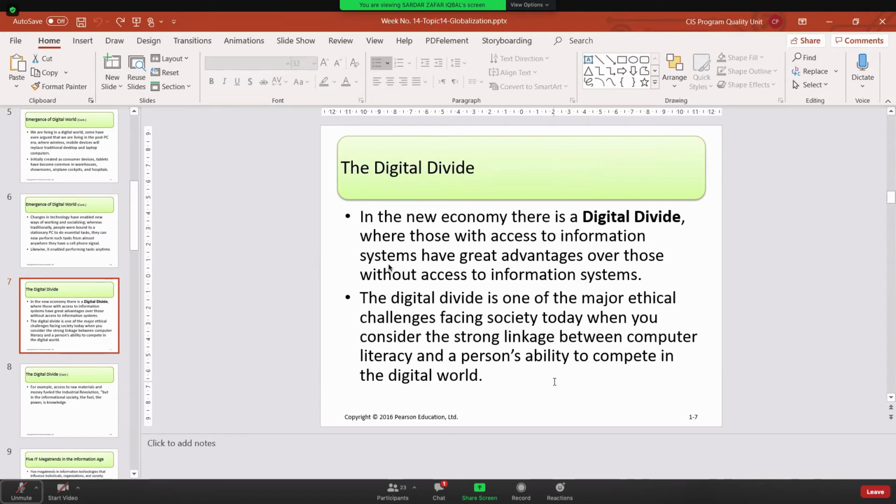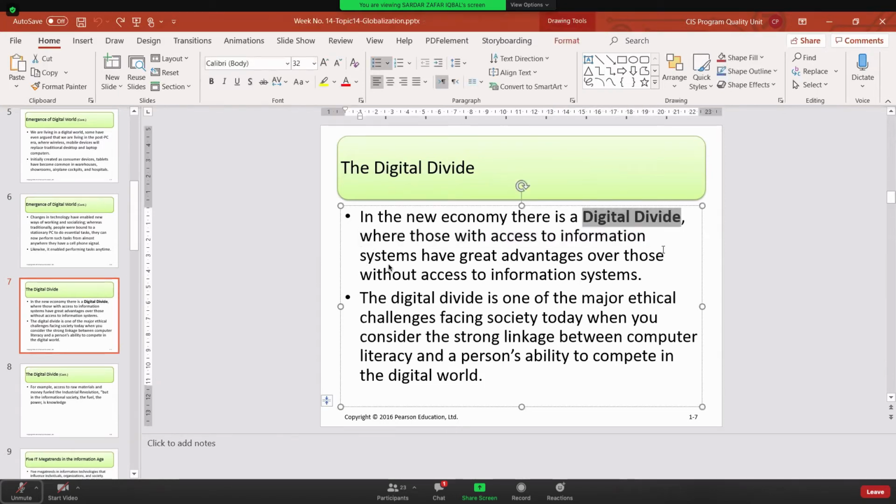In the new economy, there is a digital divide, where those with access to information systems have great advantages over those without access. So the digital divide is a concept where some have and some do not.